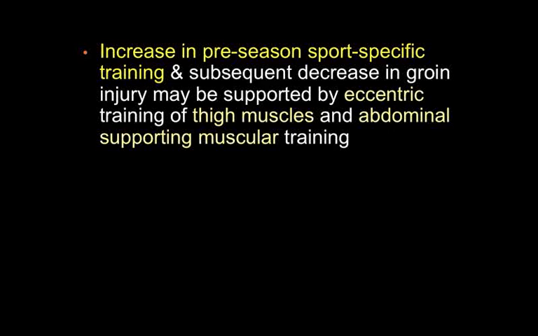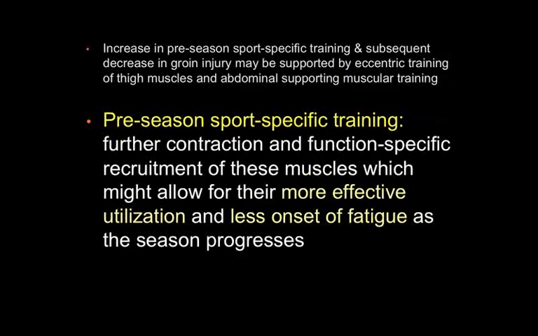So it possibly means that the increase in preseason sport-specific training and subsequent decrease in groin injury may be supported by eccentric training of thigh muscles and abdominal support musculature during the preseason. This training caused further contraction and sport-specific recruitment of these muscles, which might allow for more effective utilization and less onset of fatigue as the season progresses.